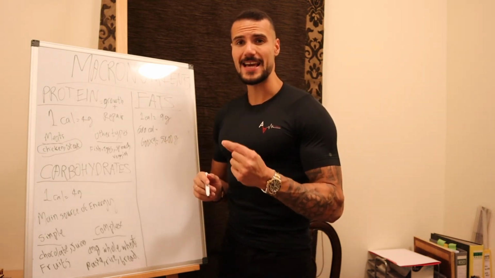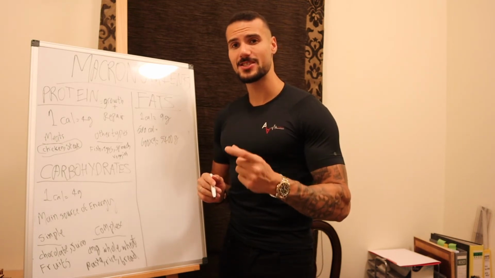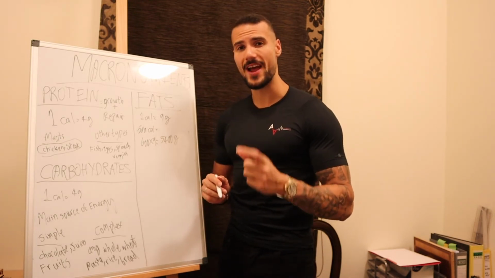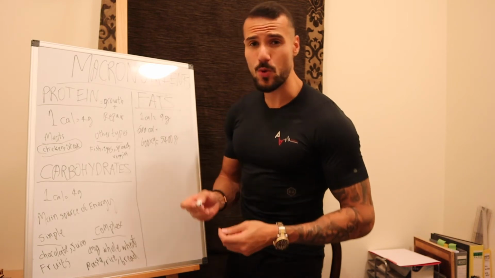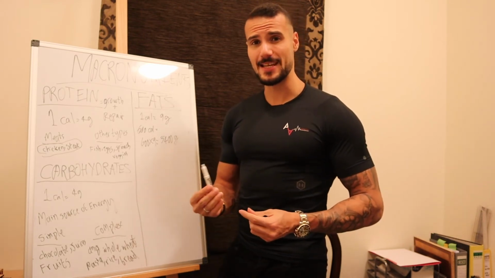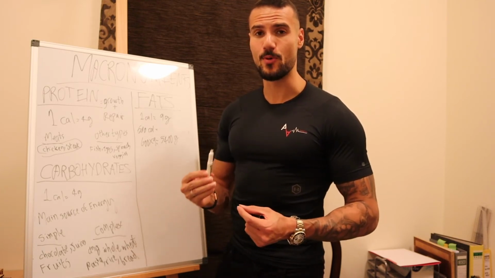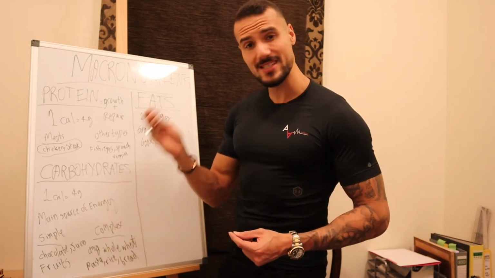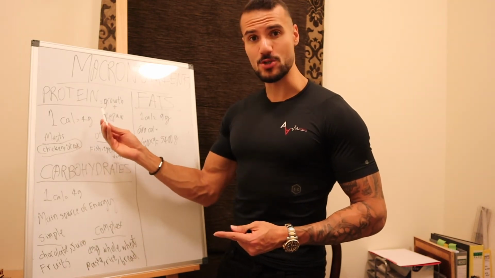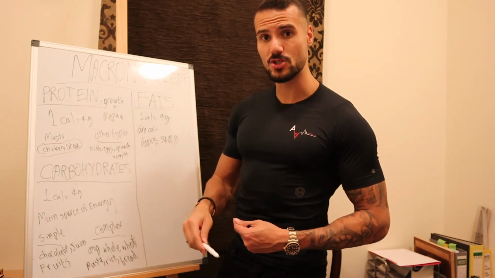Fat is the substitute or the alternative source of energy for carbohydrates. That's why people who are cutting, as I said before, you decrease the carbs to the minimum and you increase the fat. So it's inversely proportional. So while bulking, you increase the carbs as a source of energy to help protein synthesis in order to grow and repair the muscle while you break it down in the gym.